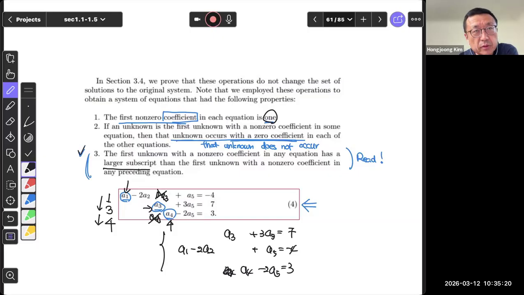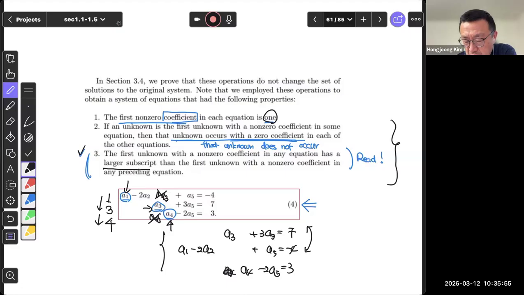Due to this third requirement, if you happen to have these two equations in this order, we want to perform an interchange operation to interchange the first and second equations, so that you obtain the equations as in system 4. So we want to transform the given problem into a form satisfying this.